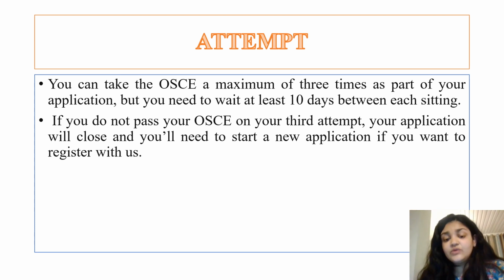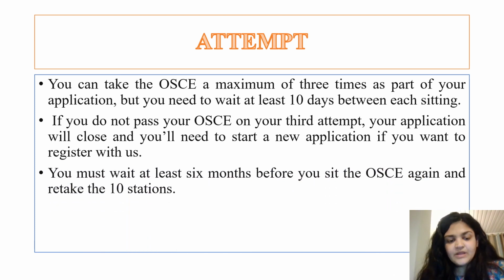Then we have to start a new application if we still want to register with the NMC, and we have to wait at least 6 months before we start again. We have to pay again for the OSCE and take the 10 stations. So don't worry, nobody fails the third attempt; everybody passes.